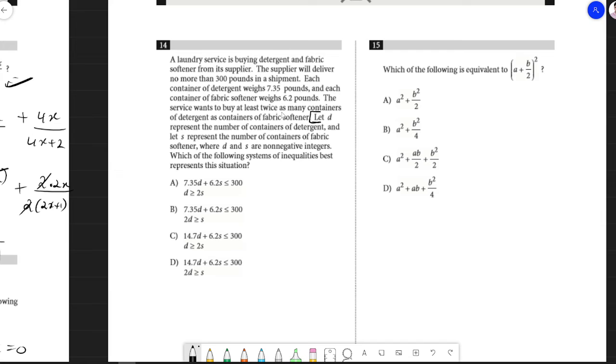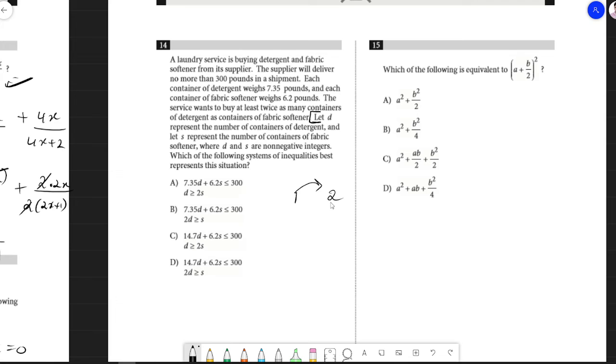The service wants to buy at least twice as many containers of detergent as containers of fabric softener. That means if I'm buying one fabric softener, then I will buy two detergent. Yes, they are saying that.